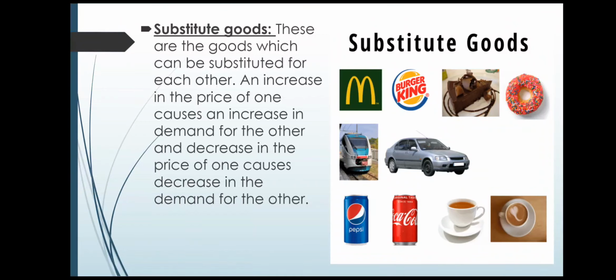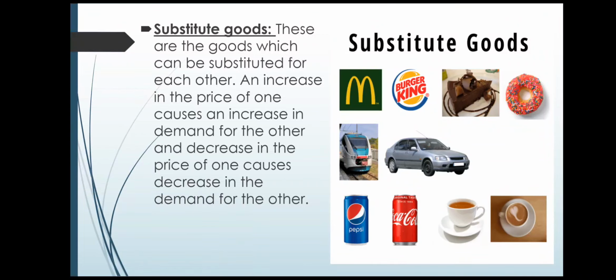If you want to commute from one place to another, you can reach your destination by car and also by train and even by bus. If you want something cold to drink, you can either choose Pepsi or Coke or any other cold drink. If you want a hot beverage, you can have tea or coffee. So all these are substitute goods, the goods that can be used in place of another.